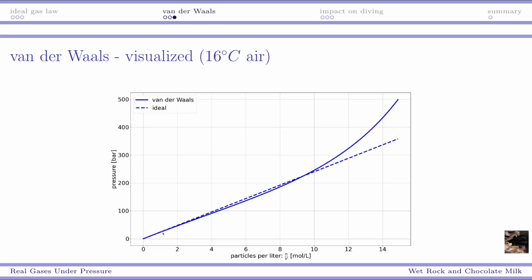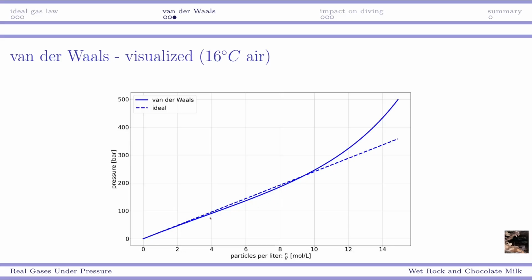Well, in the low density region, i.e., the low pressure region, the two pretty much give the same value, and that's not overly surprising given that van der Waals changes are about corrections when you have lots of particles in a small space, so when we're talking about high densities.